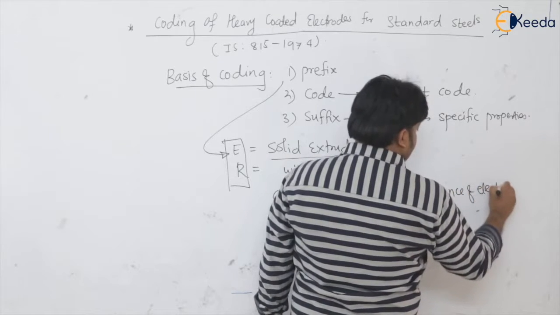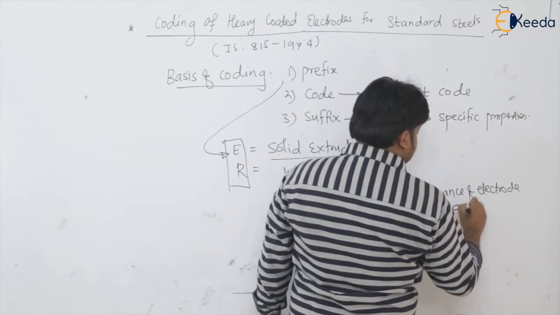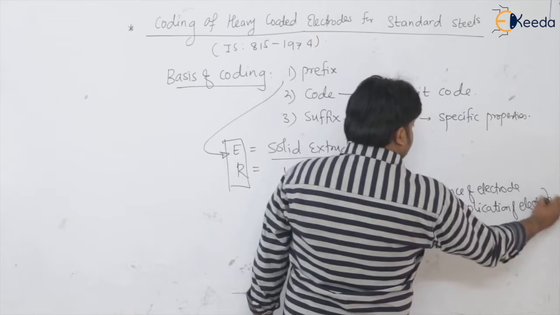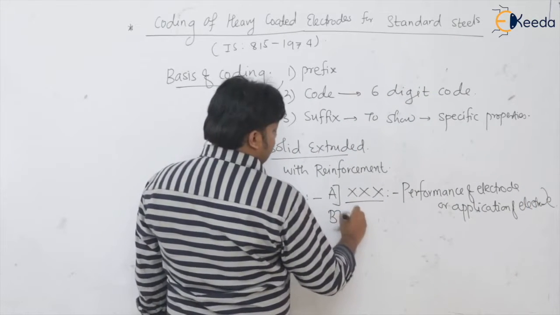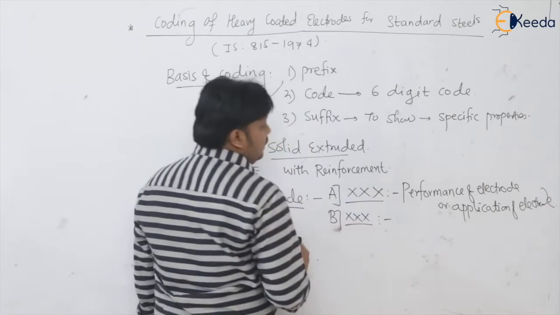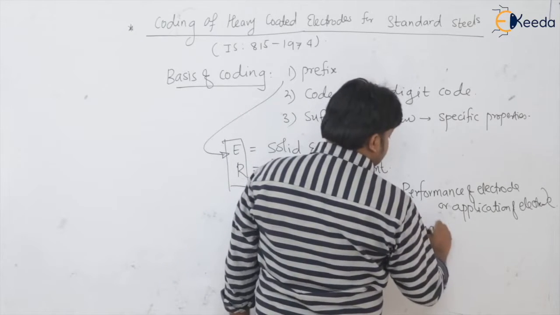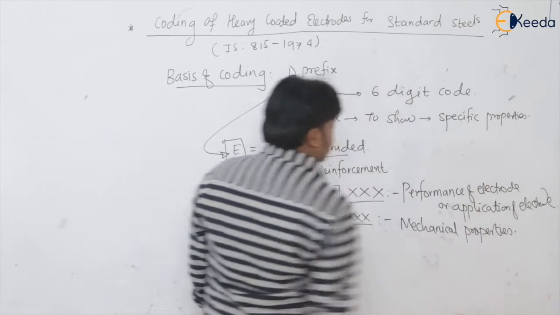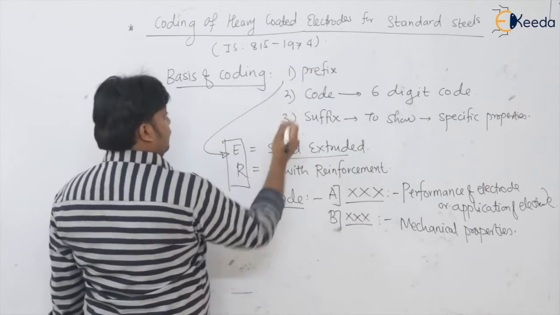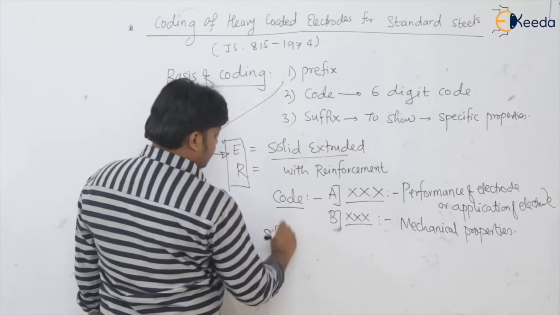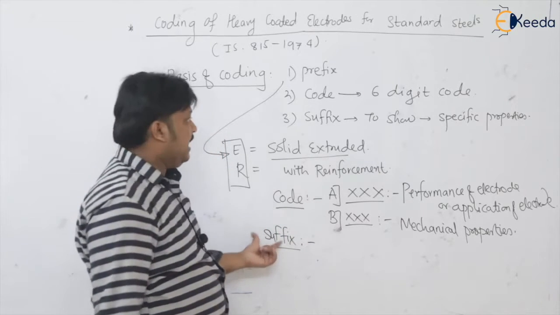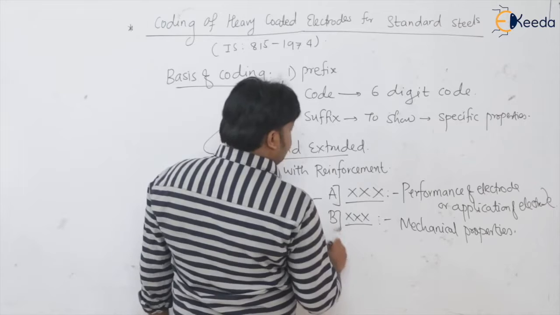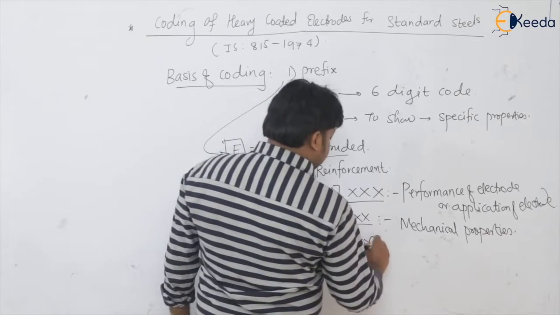of the electrode or the application of the electrode. And the next 3 digits are going to give us the mechanical properties, and after this code we have the suffix. The prefix and suffix are optional, given for showing some specific properties.